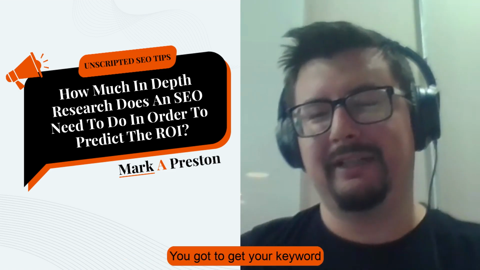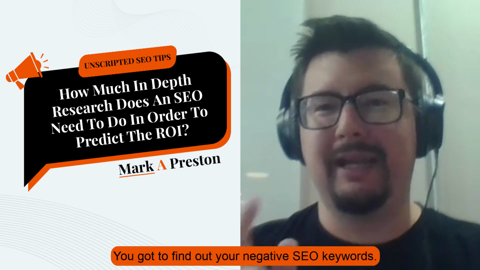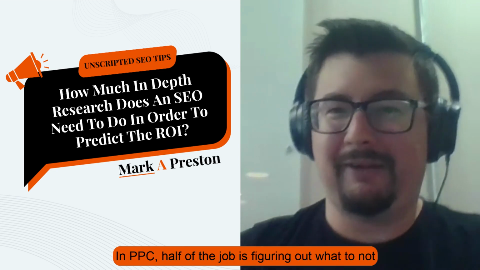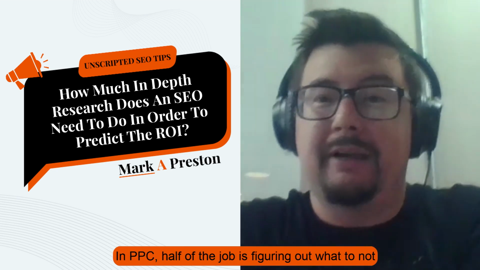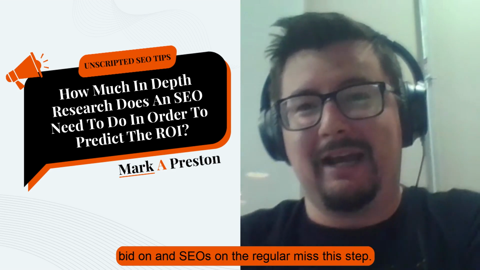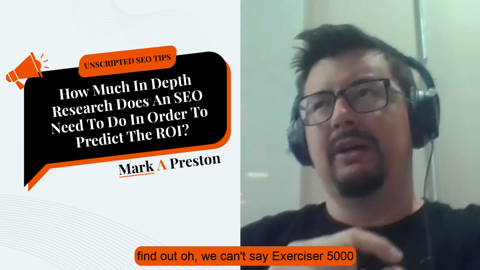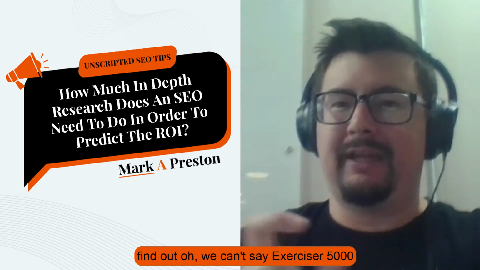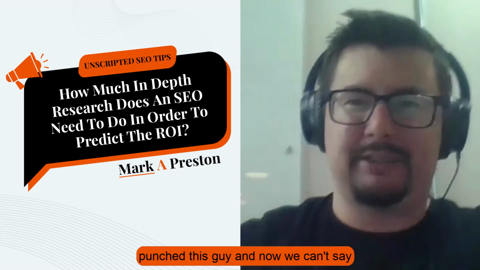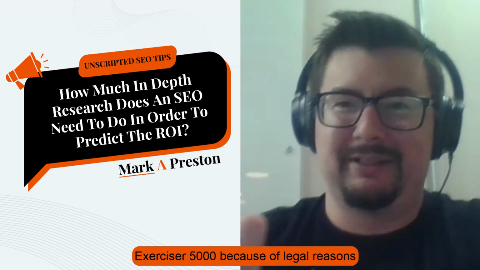You got to get your keyword list vetted by your client. You got to find out your negative SEO keywords. In PPC, half of the job is figuring out what to not bid on, and SEOs on the regular miss this step. You need to have a thorough conversation and find out, oh, we can't say Exerciser 5000 because there was a lawsuit and our owner, Jimmy, punched this guy, and now we can't say Exerciser 5000 because of legal reasons.